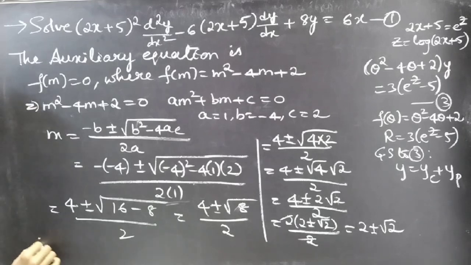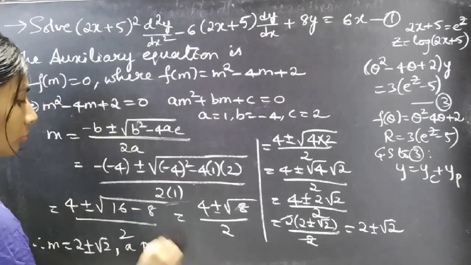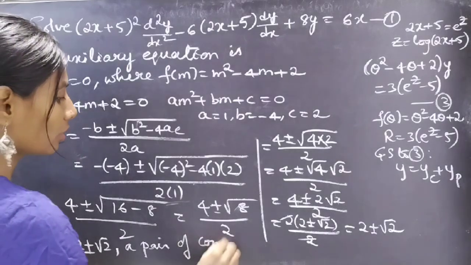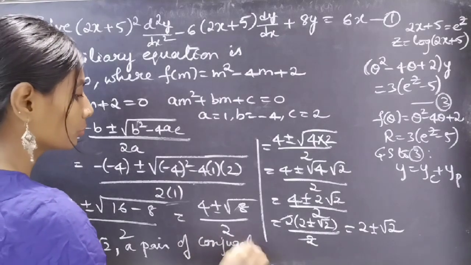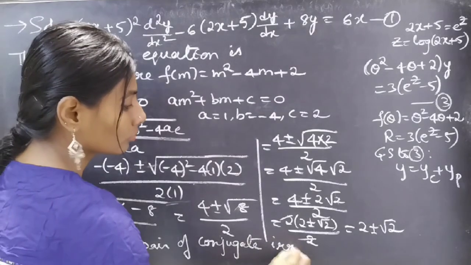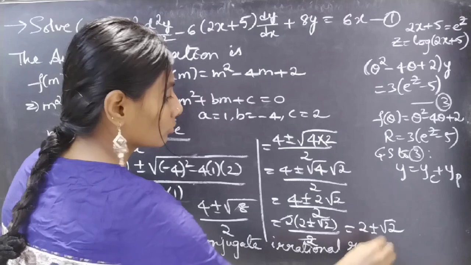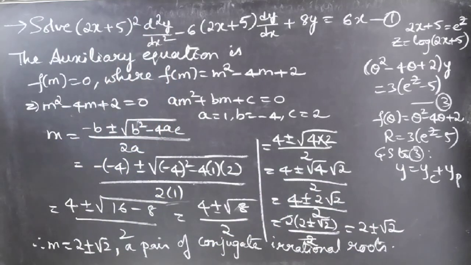Therefore, m equal to 2 plus or minus square root of 2, a pair of conjugate irrational roots. So we got roots to our auxiliary equation. Let's write the complementary function using these roots.